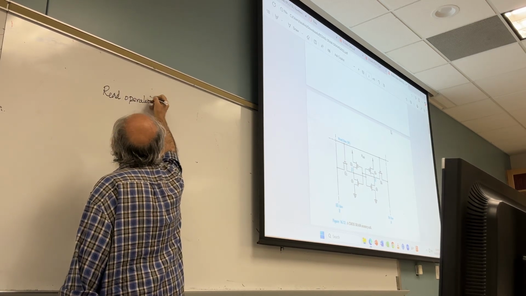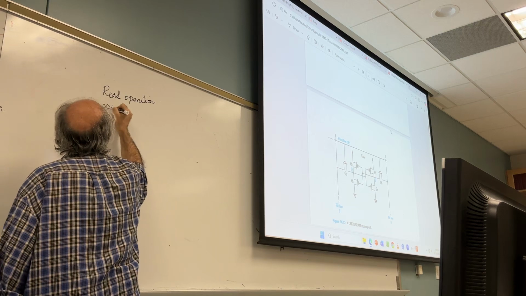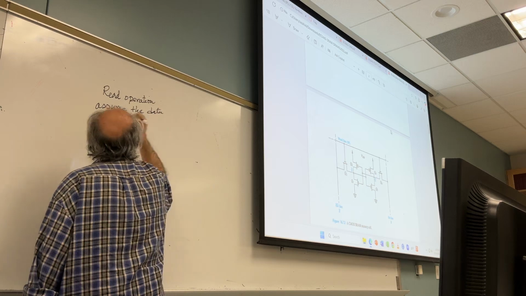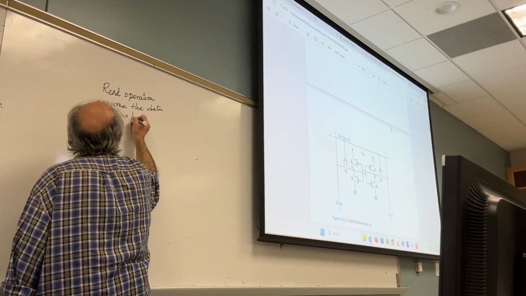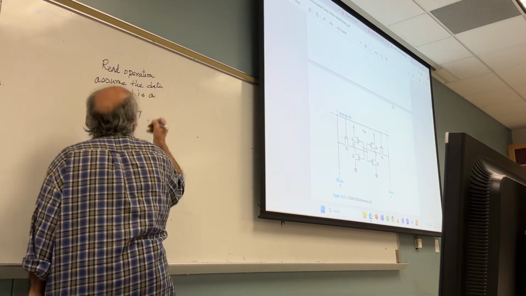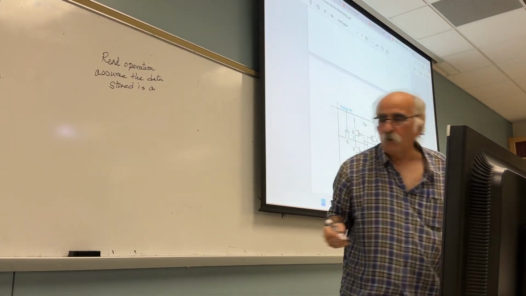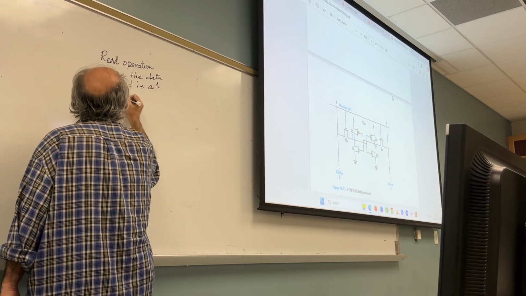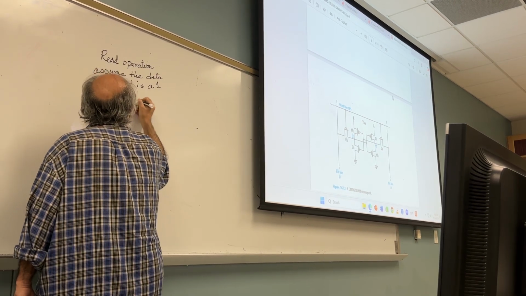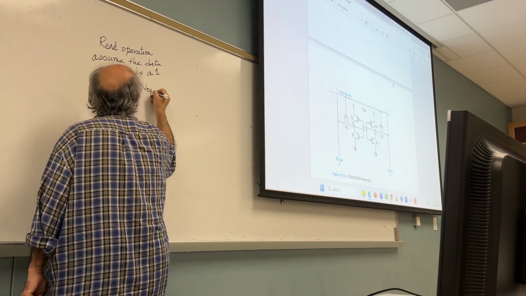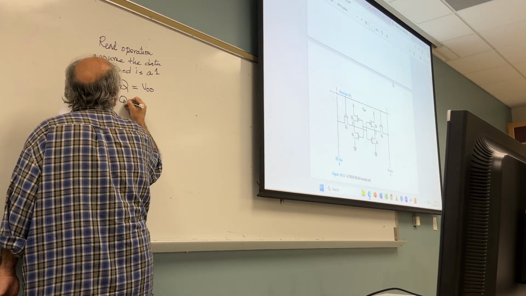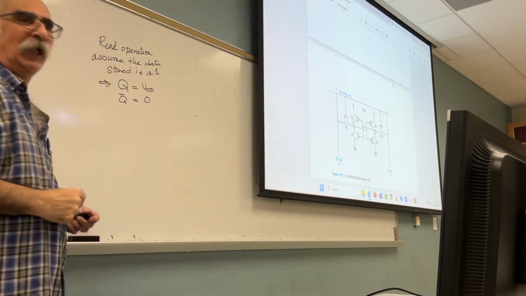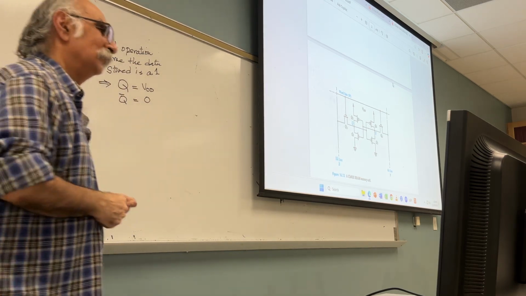And let's assume the data stored is a 1, as we assumed last time. What does that imply? It implies Q is equal to VDD and Q bar equal to 0. Did you get it? Yes. Okay, good.